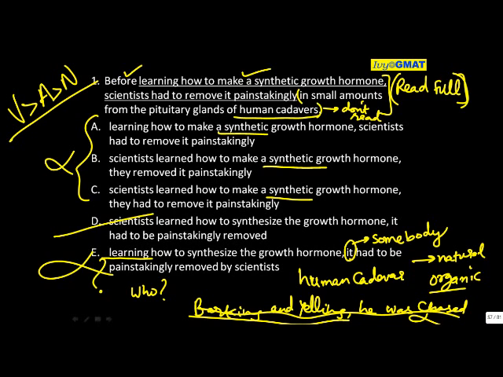Synthetic, adjective, and synthesize, verb. How many options use the word synthesize? Two, right? So I would have been able to eliminate ABC by the verb preferred to adjective, adjective preferred to noun rule also. It's a standard rule that will be followed.